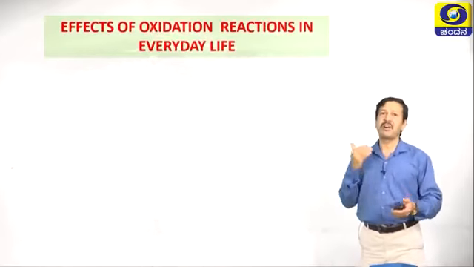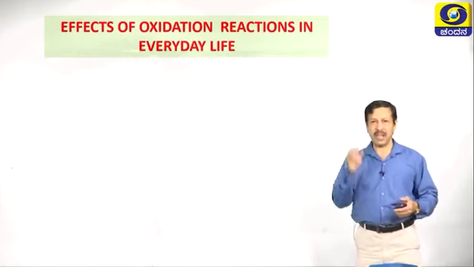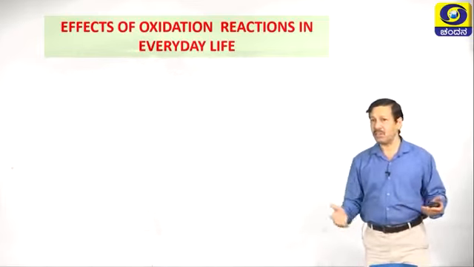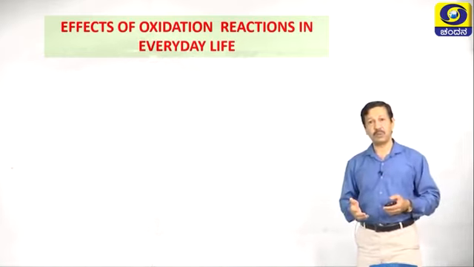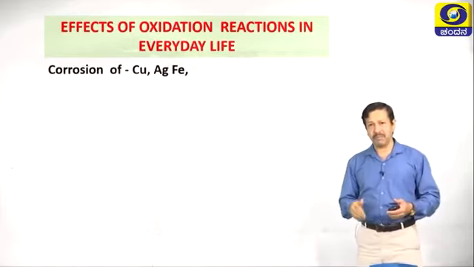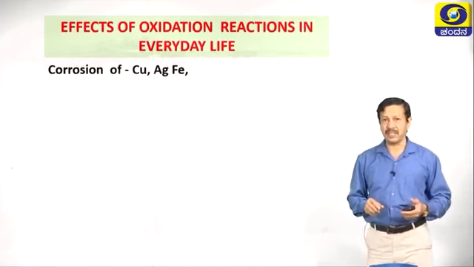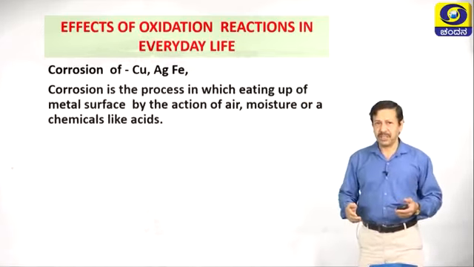Now, effects of oxidation and reduction in our daily life. This is a very important segment because we are seeing many things in and around us. So, we should be aware of these things. Corrosion, a very important aspect because of oxidation. What do you mean by corrosion?